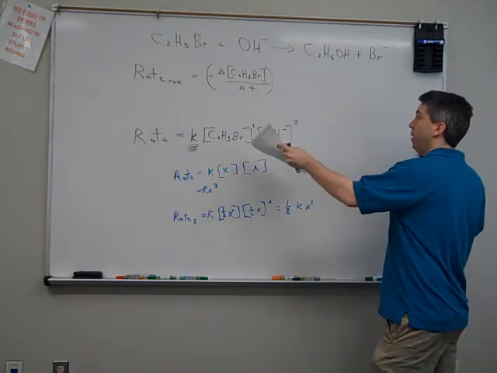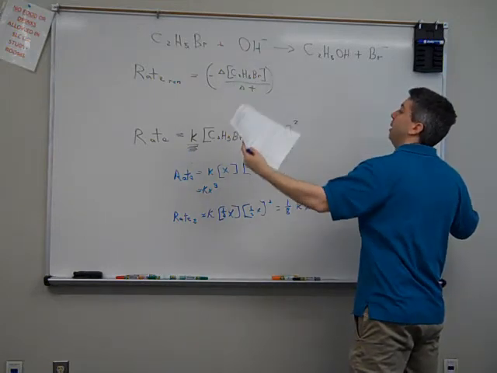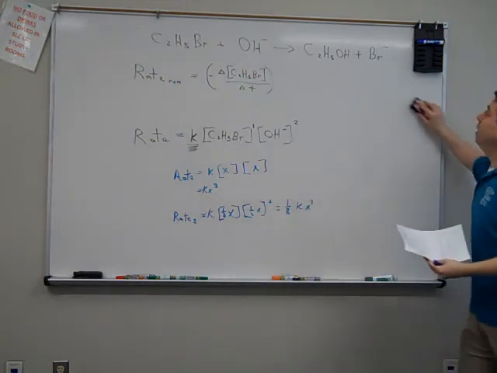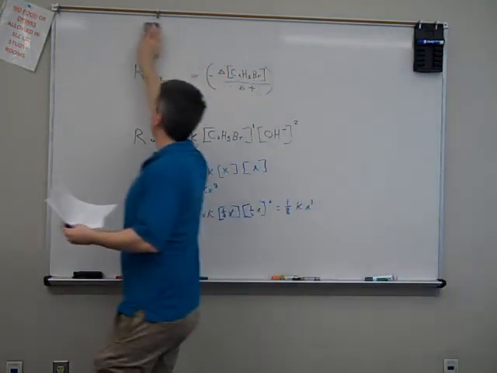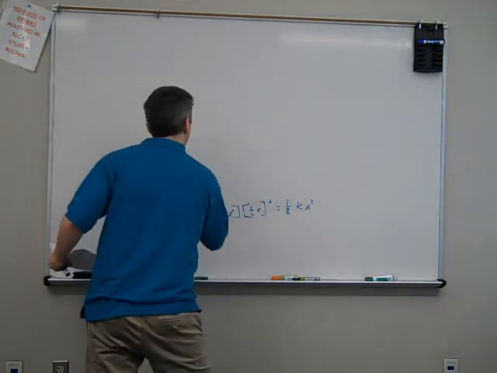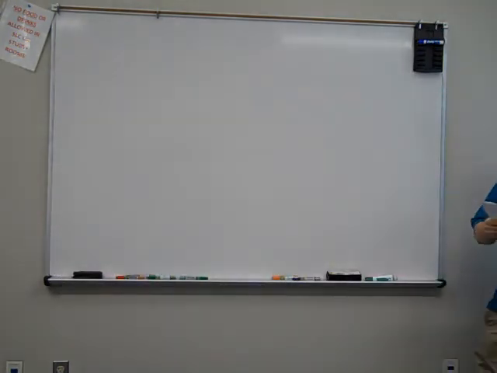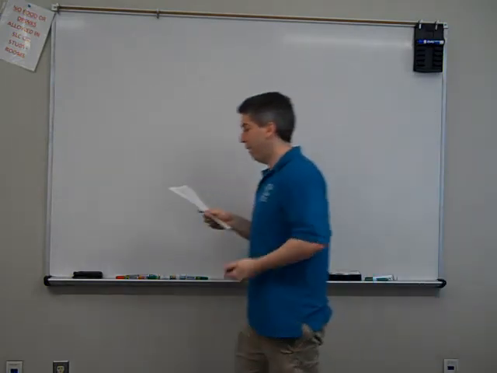Now that you know what rate law is and rate equation, so the rate equation, rate expression, and rate law, and the difference between them, we can look at how we do some experiments. And you'll be doing a lab like this pretty soon, although not exactly like this.